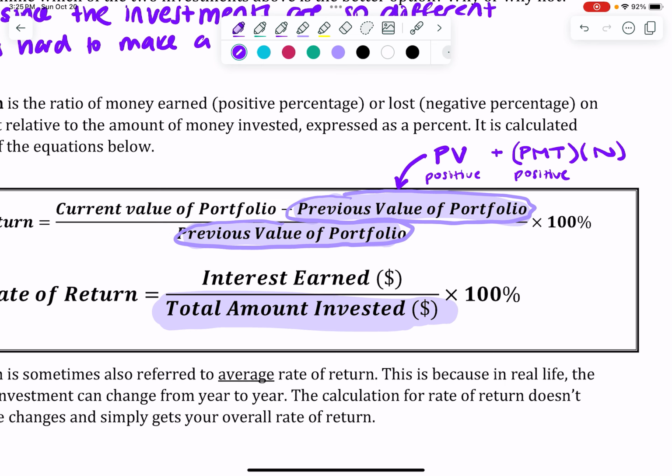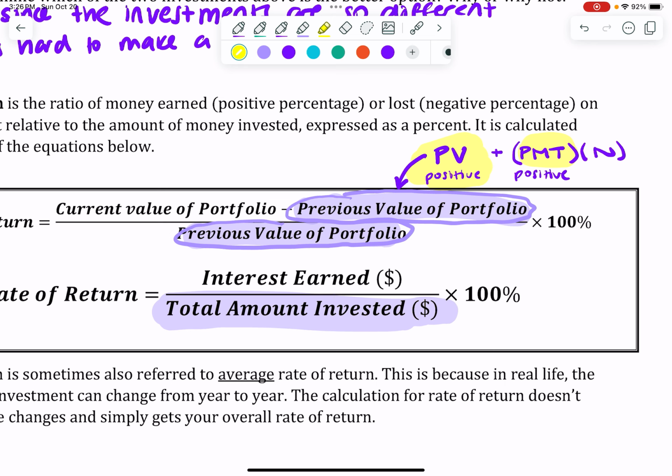So a couple of things when we're talking about this here, when we're trying to find the total amount invested, okay? If I only have a one-time investment, my PV is going to be some dollar amount. We're only including it when it's positive. And my PMT will be 0, so I won't be ending up adding anything. But if my PMT is not 0, say it's $25, like we had in investment 2, I need to know how many times I've deposited that $25. And that's what N stands for.